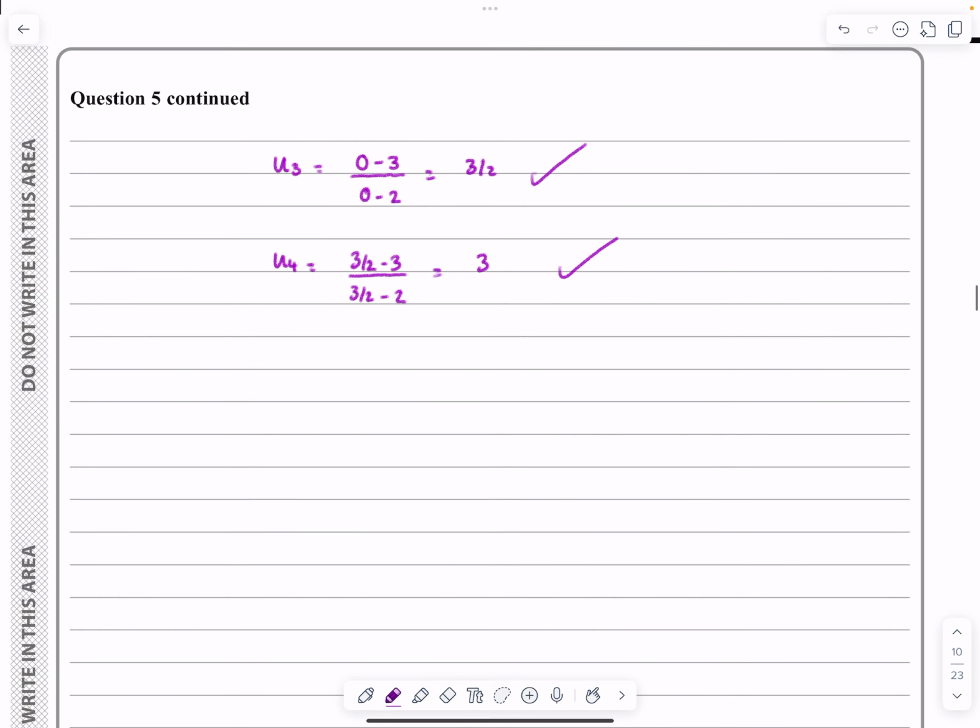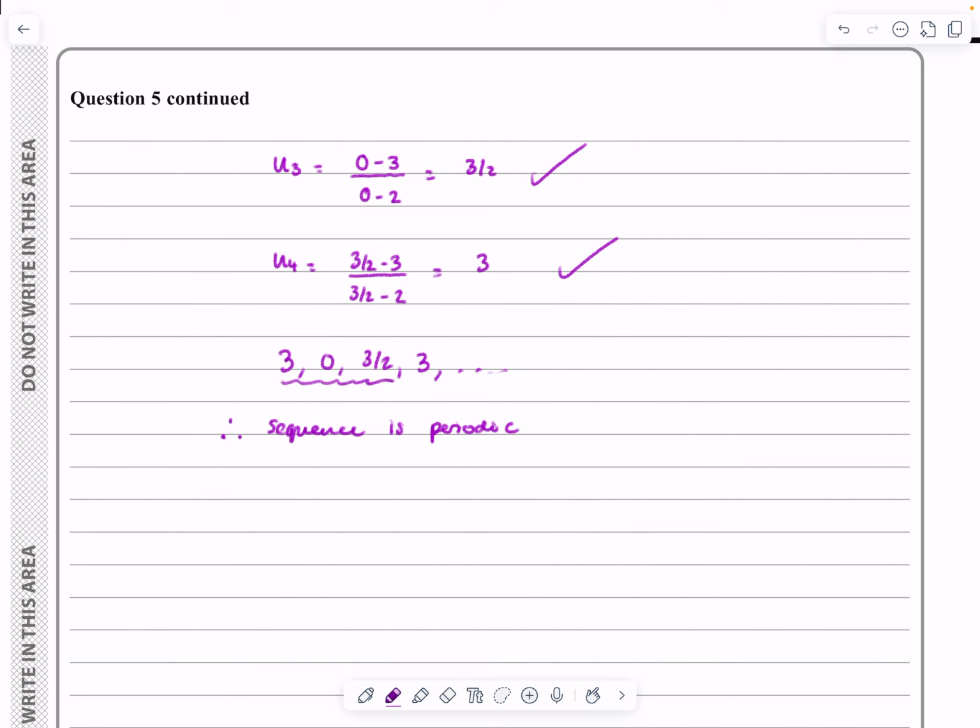So if those are our values, 3, 0, 3 over 2, 3, we can see that that's just going to keep repeating from that moment onwards. So part A said, show the sequence is periodic, and we've done that. Just say, therefore, the sequence is periodic. We just got that repeating every time.